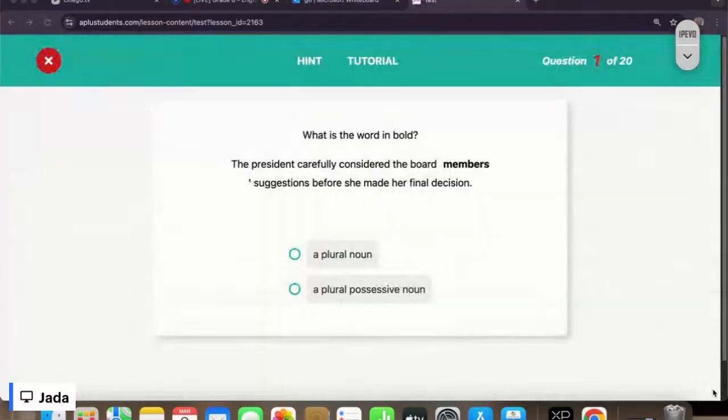Alright, so what is the word in bold? The president carefully considered the board member's suggestion before she made her final decision. First or second.